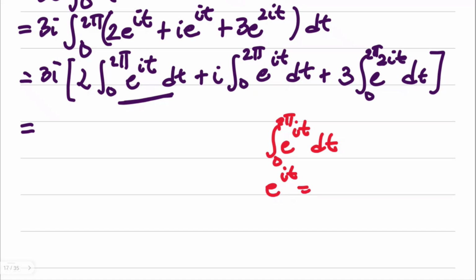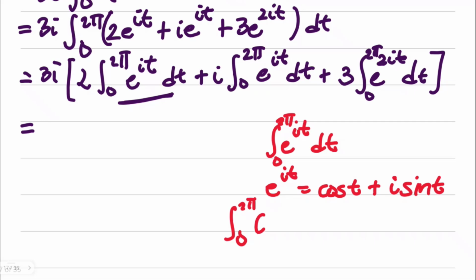As in Euler's formula, it's actually equivalent to cosine of t plus i sine of t, right? So if we're going to integrate that, this is actually equivalent to the integral 0 to 2 pi of cosine t plus i sine t, and then dt here. They're just the same.